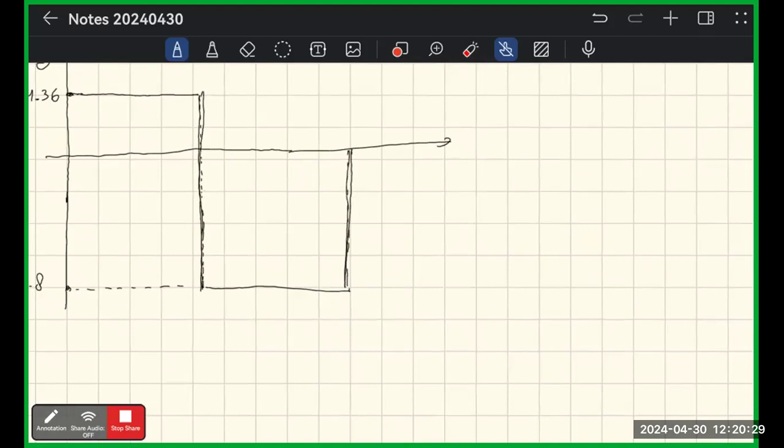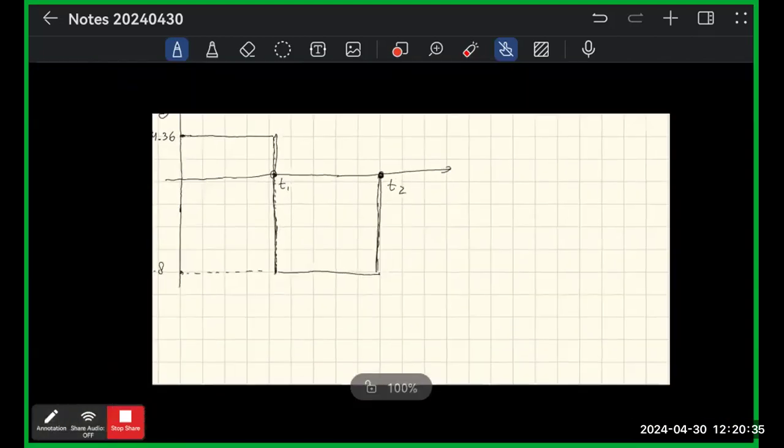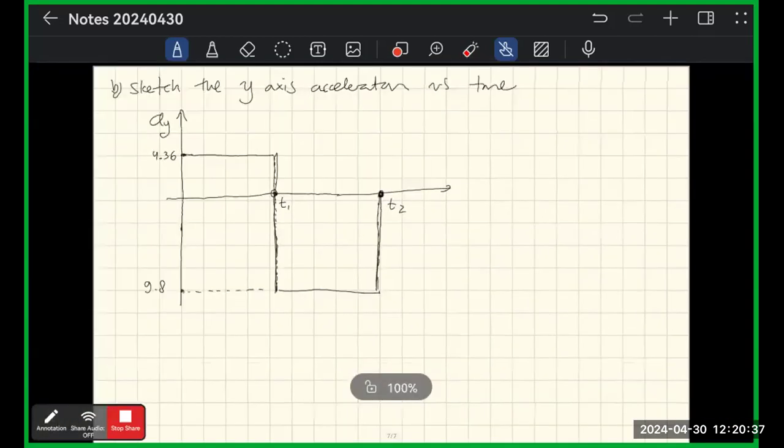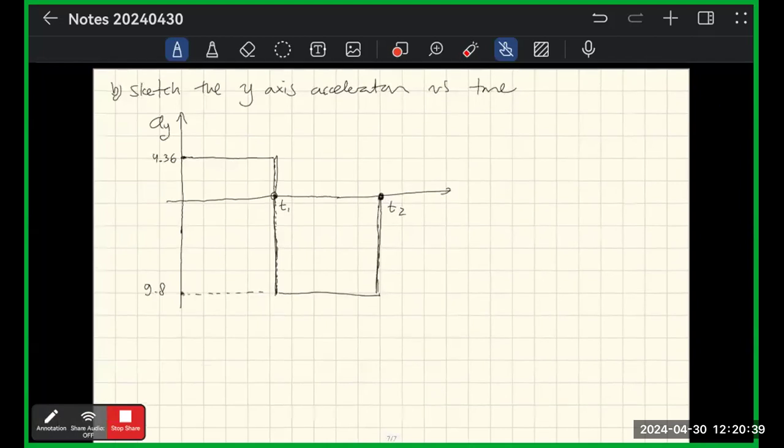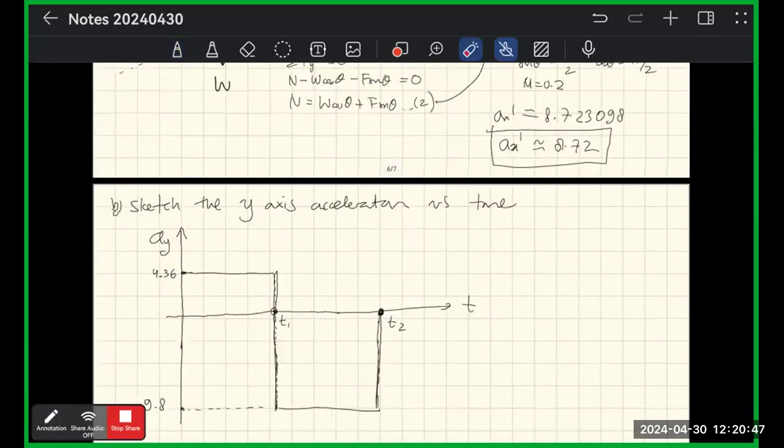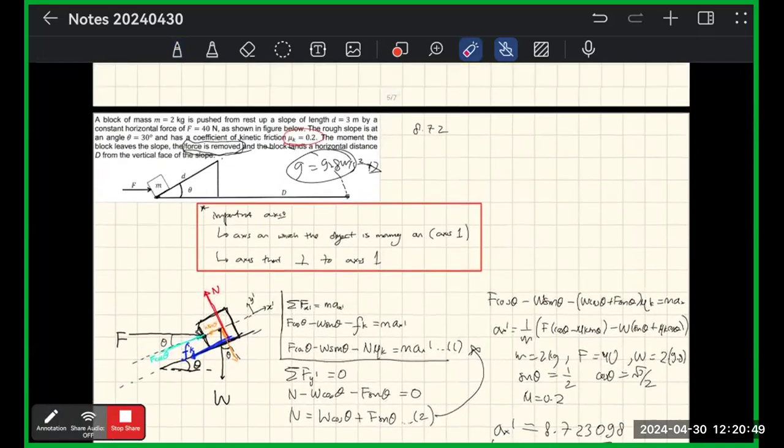But you have to find the times t1 and t2, so that the graph that you're showing is accurate, because this is the time axis. How to find t1 and t2? To find t1, it's really easy.